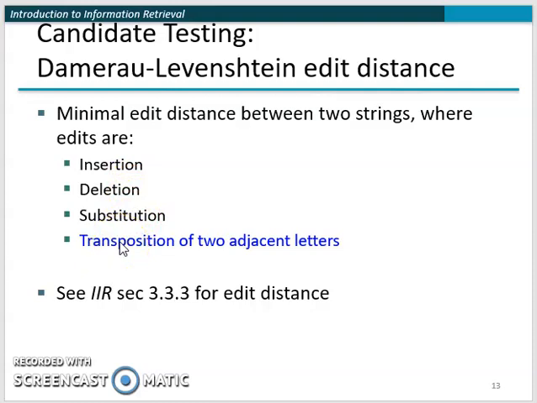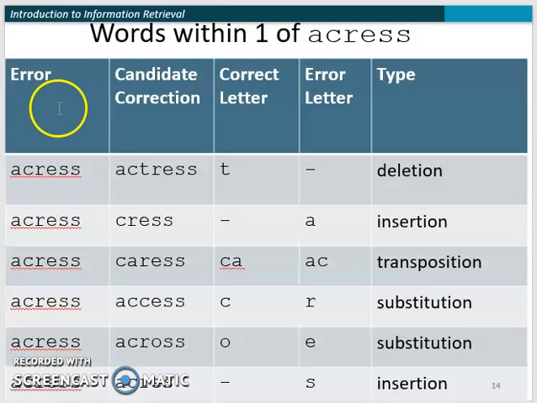An edit distance of 2 means that those 2 strings are 2 edits away. It could be 2 insertions, 2 deletions, 2 substitutions, or a combination of these edits. And for this example, we will only consider words within 1 edit distance of our error word.